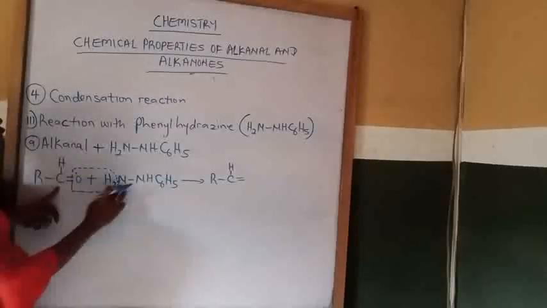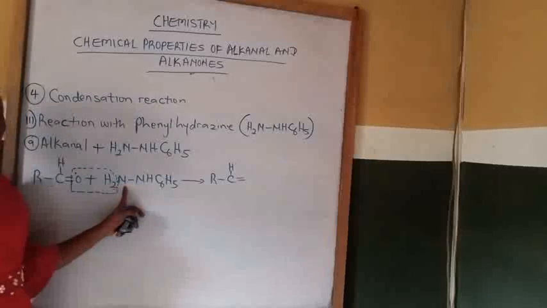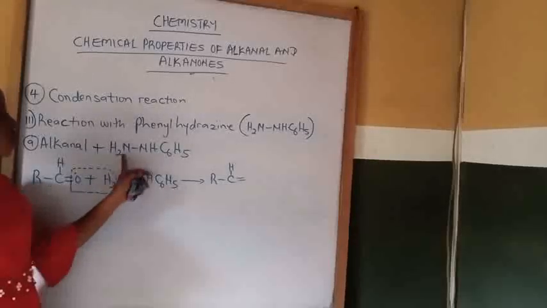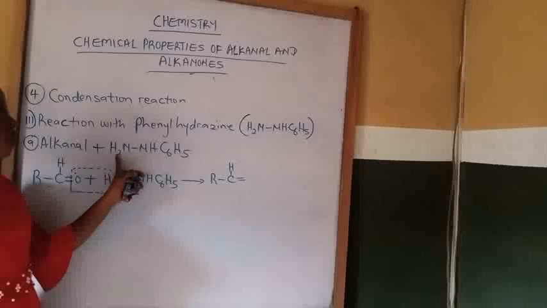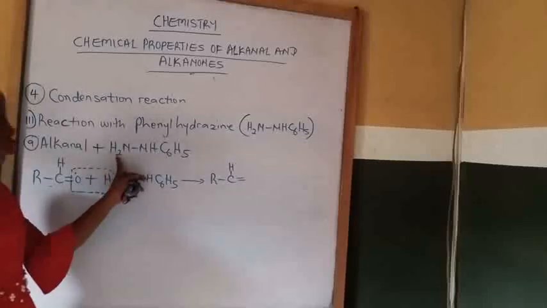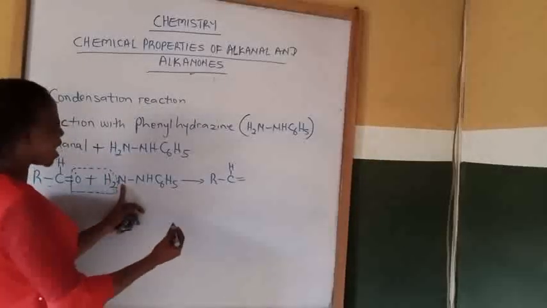So the double bond will connect with vinyl hydrazone, because loss of one hydrogen atom from vinyl hydrazine will give us vinyl hydrazone.